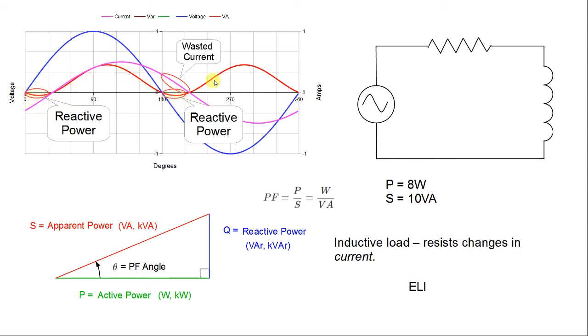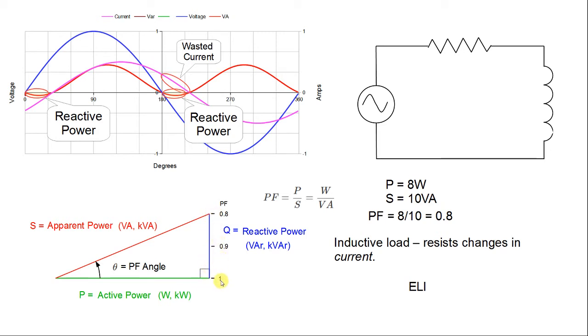That whole line I'm saying is 10 volt amperes. So if I want to get my power factor, I just take my 8 and divide it by my 10, and I get a power factor of 0.8, which on my graph here is basically this ratio on the height of this reactive power line.